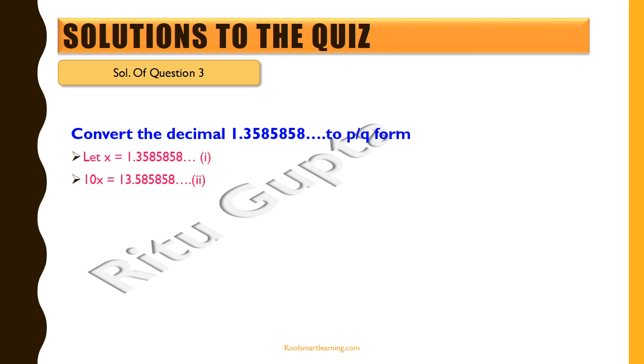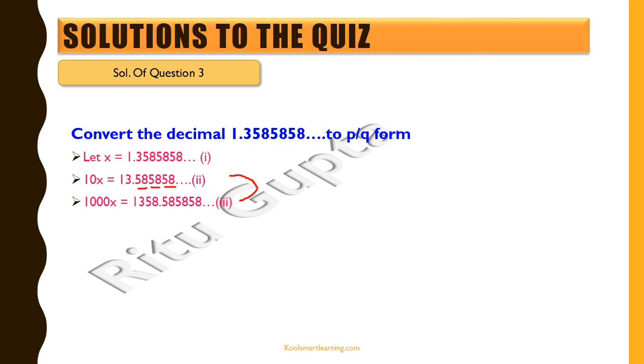Now if we see, there are two decimal places which are getting repeated, we have 58 which is getting repeated here. So can we do one thing? We multiply this by 100 and we get 58 also on the left hand side of the decimal. So let's do that. We make it 1000x is equal to 1358.585858. Now if we see in these two terms, the decimal part is the same.